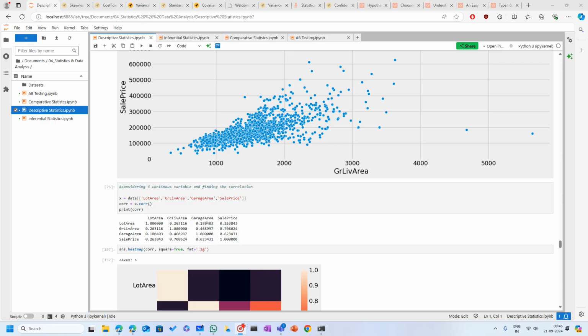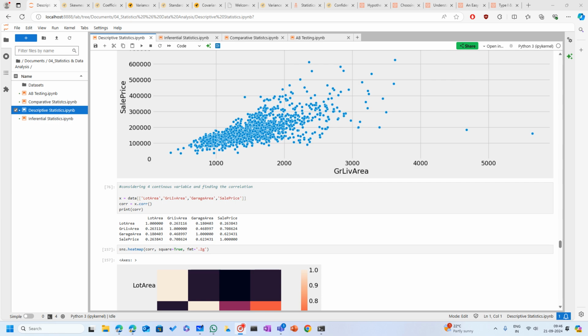Yes, correlation. Honestly speaking, there are multiple ways to judge how much impact a feature has on the target variable. Correlation is just one of them, and again we'll see that in data analysis. There are different types of correlation also: Pearson, Spearman, Kendall.